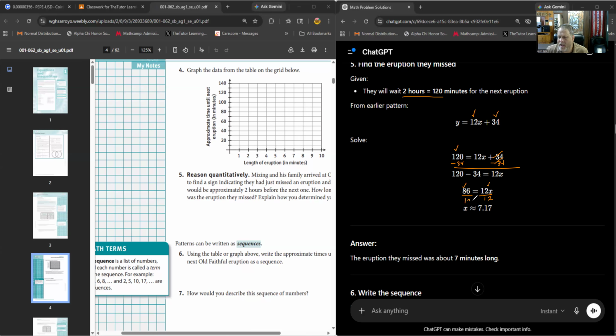What you do to one side, do to the other. Right, cancel, cancel. And so it's going to be x equals 86 over 12, which is 7, approximately 7. All right. Did everybody understand that? Okay.